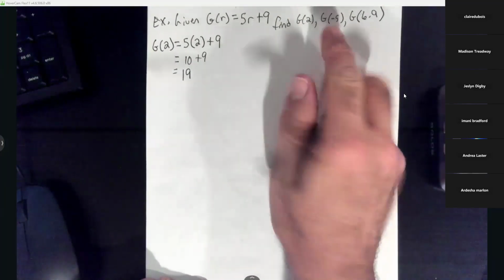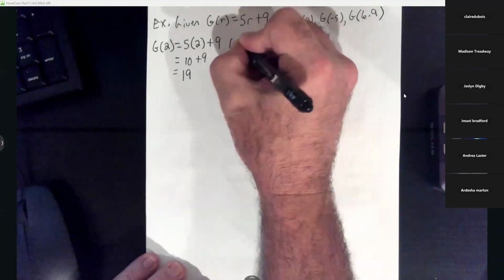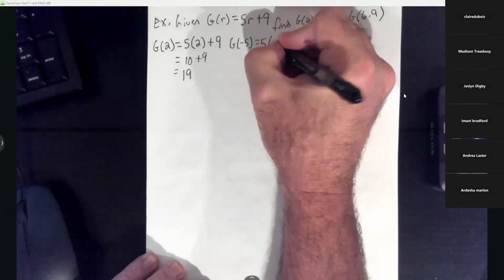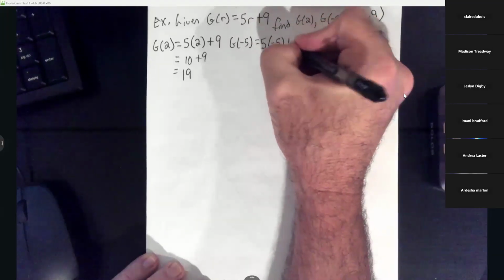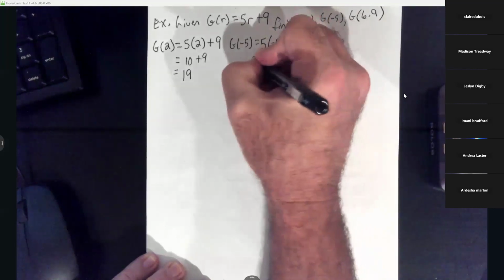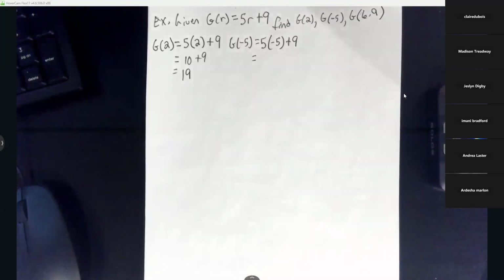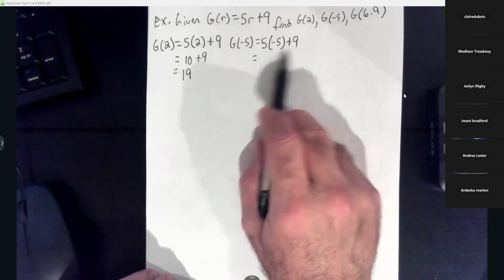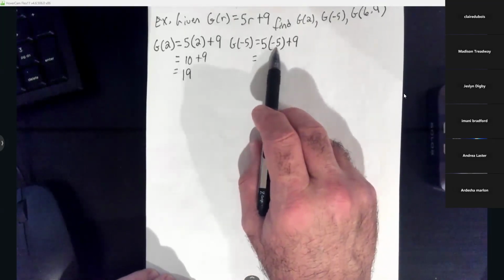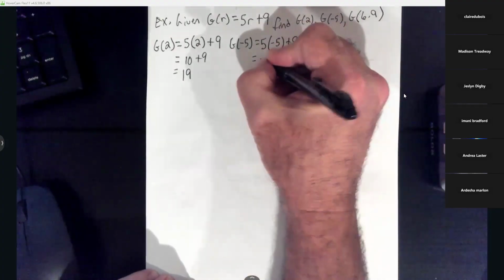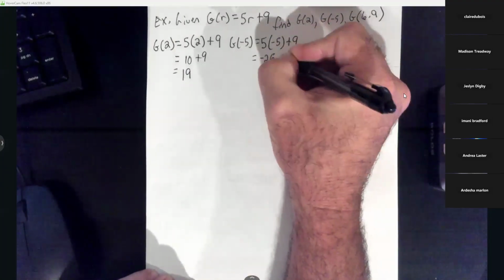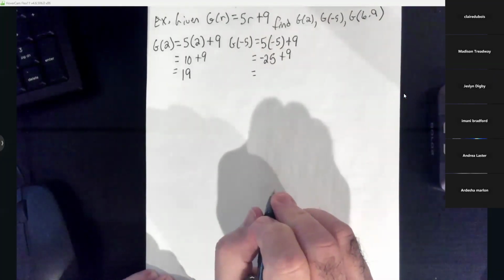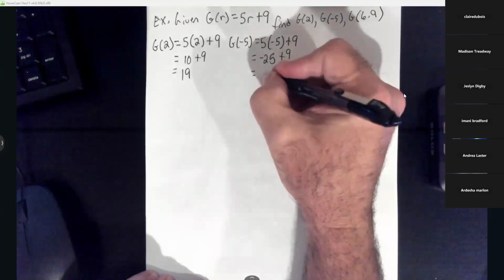All right, so y'all got a g of -5 next. That's going to equal 5 times -5 plus 9. All right, let's see what we got here. 5 times negative 5 is going to be a negative 25 plus 9. And y'all, what's that? Negative, what you got, Amani? Negative 16, perfect.